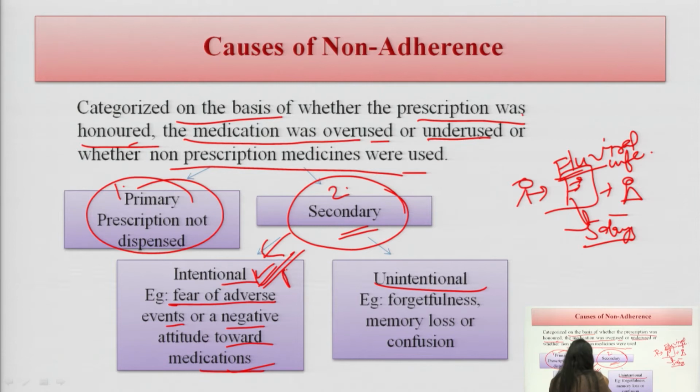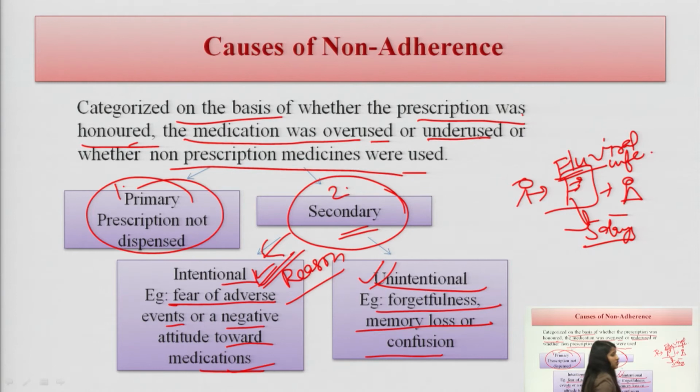So, this you call an intentional reason. Another is the unintentional, which means the patient is not aware whether the patient is actually following the prescription or not. Why does it happen? Of course, the patient forgets to take it: patient forgetfulness, memory loss, confusion. These reasons generally happen due to age or any neurological disease.